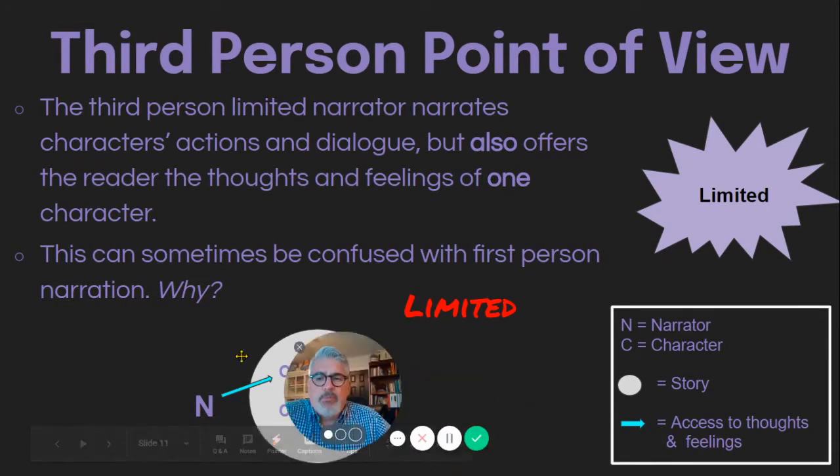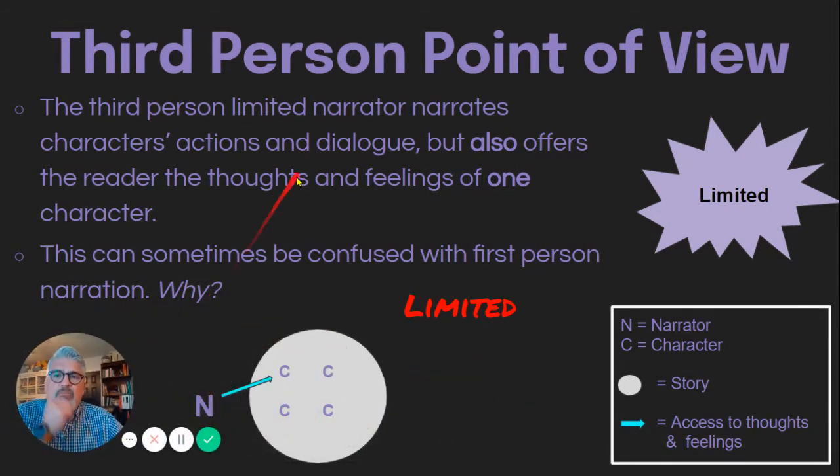Let's continue with limited. Third person point of view, limited. The third person limited narrator narrates characters' actions and dialogues, but also offers the reader the thoughts and feelings of one character, usually the main character.